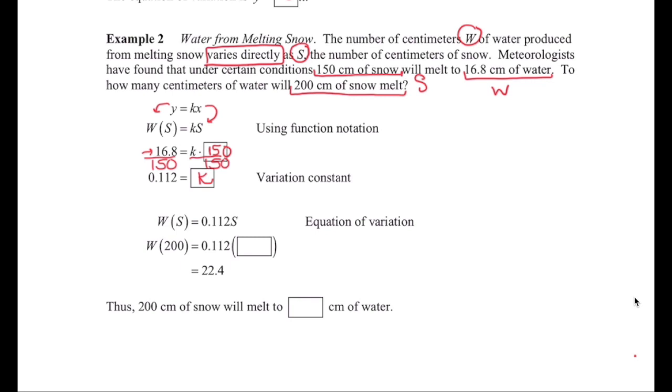I'm going to plug 200 in where I see S so that I can multiply. Multiplying 200 times our variation constant gives us 22.4. Therefore, 200 centimeters of snow will melt to 22.4 centimeters of water.